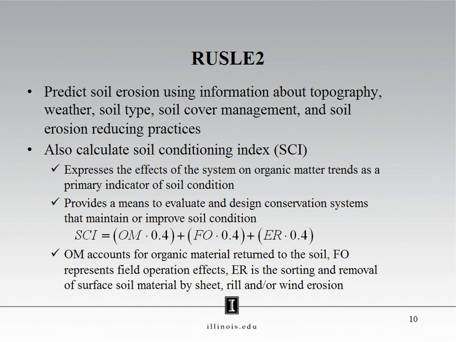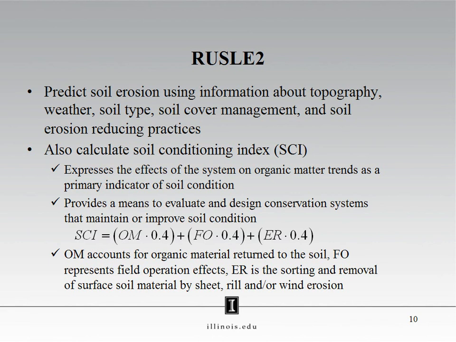The soil conditioning index, SCI, has been used by the NRCS in conservation planning to estimate whether implemented conservation practice will increase or decrease organic matter level. The SCI has the form of a pedotransfer function that sums the weighted sub-factors contributing to the outcome of the concern.